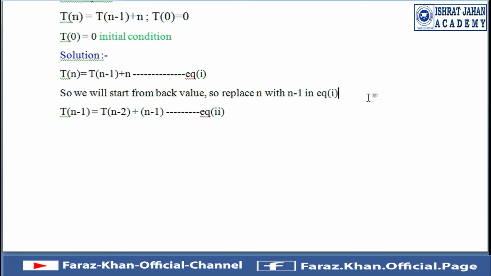When we replace n with n minus 1, it will become T of n minus 1 minus 1, so it will become T of n minus 2 plus n minus 1, and we call it equation number 2.